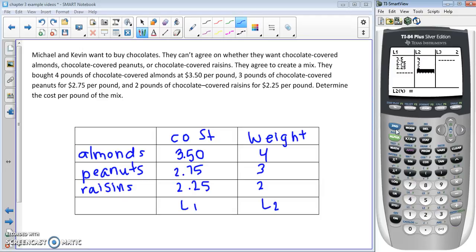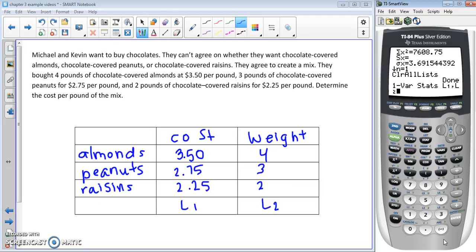And then we're going to do second mode to come out of that, and then stat, go over to calc, enter for one variable stats, second 1, comma, second 2 to tell it we have the bins in L1 and the frequency, or the weight in this case, in L2.